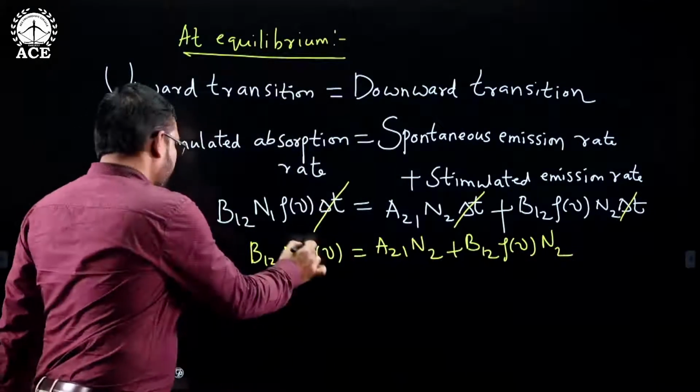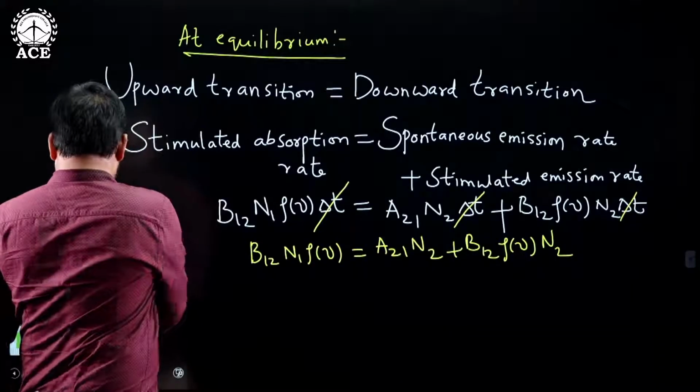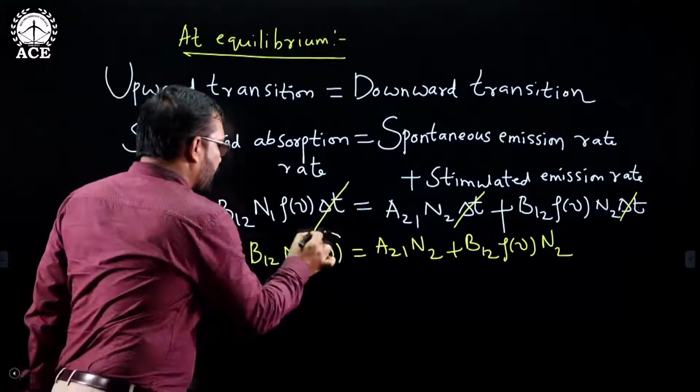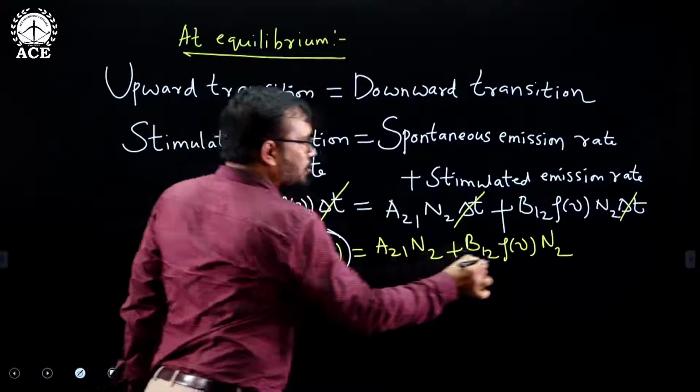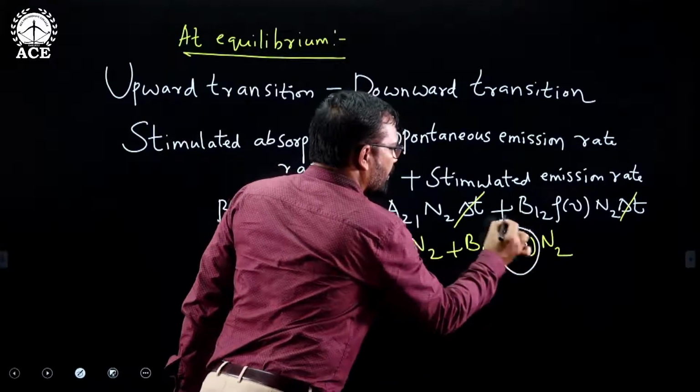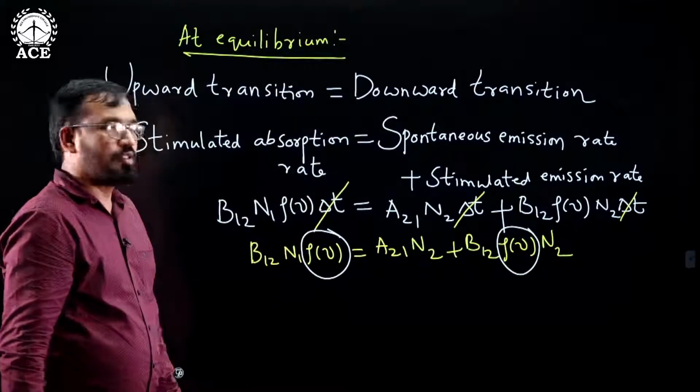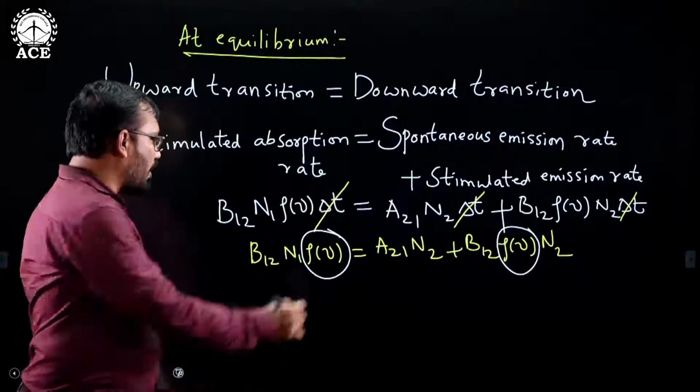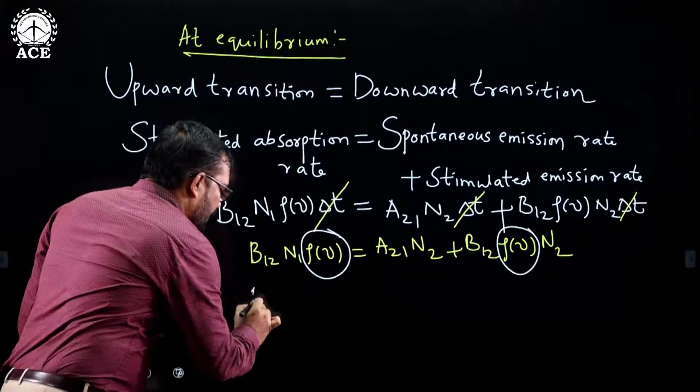So see here, you are having rho nu, photon density, here also rho nu. So I am writing these terms at one side.